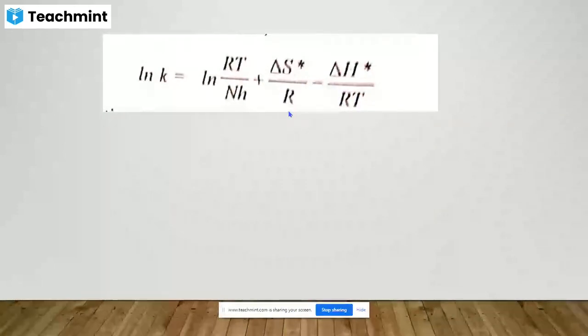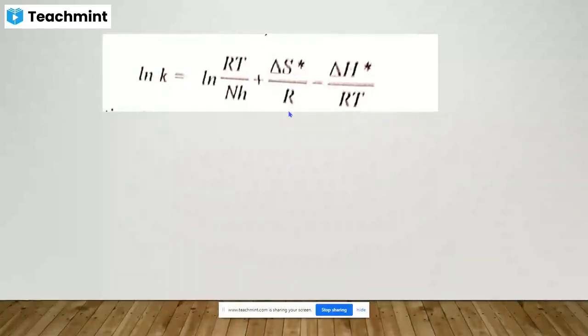The collision theory considers simple collisions between the reacting molecules, and absolute reaction rate theory considers the activation of the molecules and the formation of an unstable activated complex. This is the big difference between the activated complex theory and the collision theory. For the collision theory, there must be collisions, and for the activated complex theory, there must be formation of an activated complex, which is a transition step.